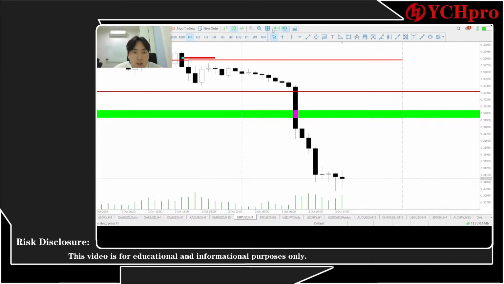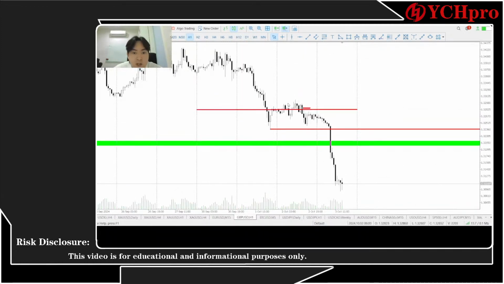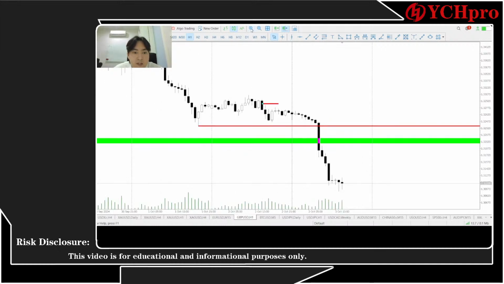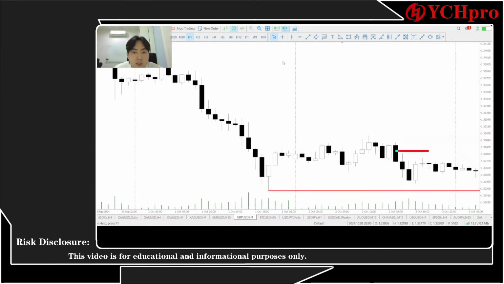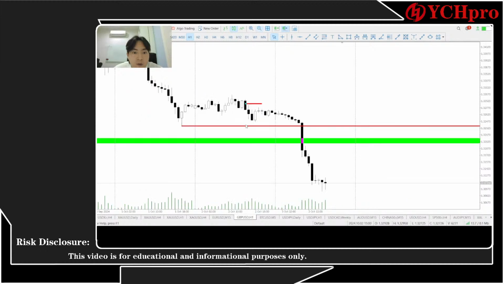Going back to the 1 hour time frame, as we already mentioned, this is the opening price. So we need to see some kind of confirmation. How do we determine confirmation? We need to have some liquidity grab. This is the liquidity grab that we are waiting for, not here. We need to see a grab of liquidations. Easy to say, it is when the market fails to push higher, that is manipulation.